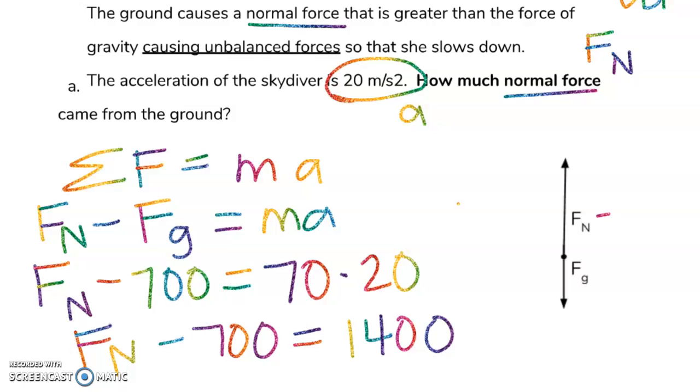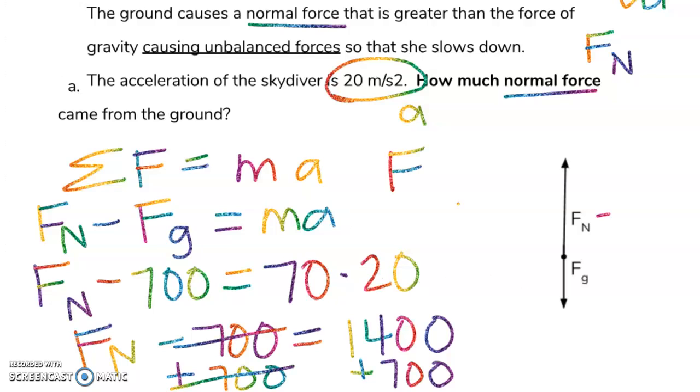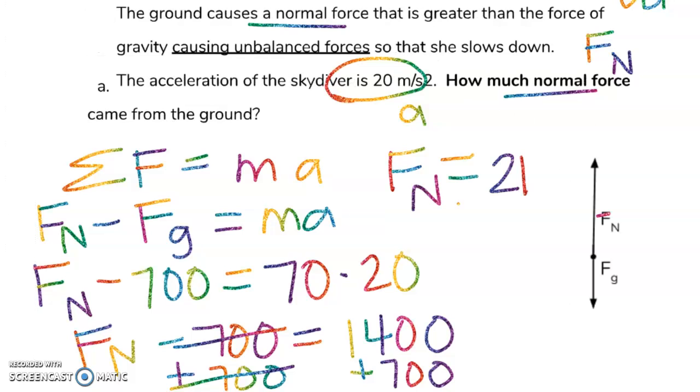So what number, when I take away 700, will leave me with 1400? In order to find out, I can add 700 to both sides to take away this 700. And I'll find out that the final answer is 2100 newtons.